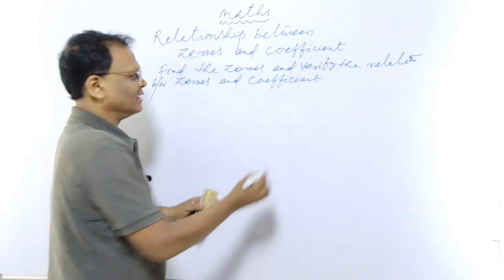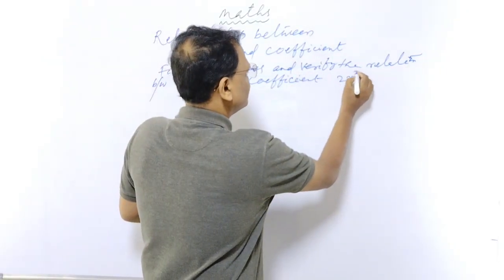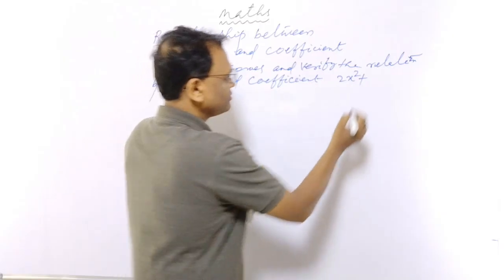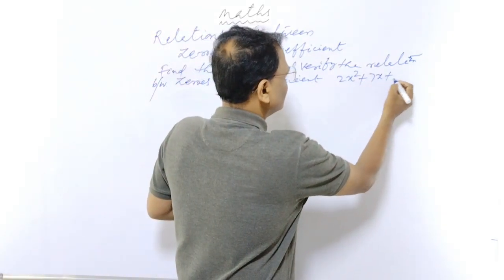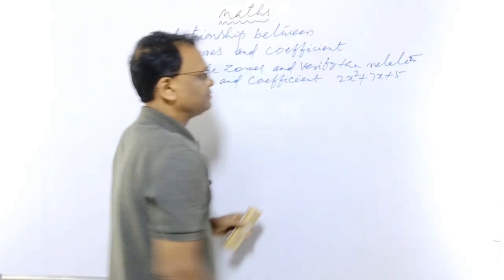And the question what I have written, that is 2x square plus 7x plus 5.